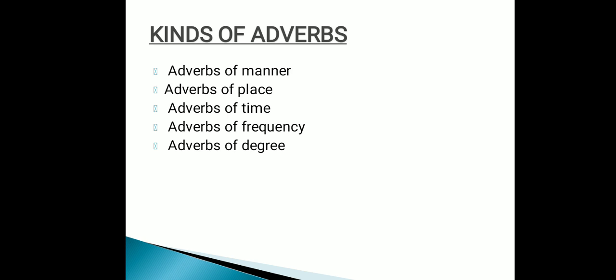Next, kinds of adverbs. Today we shall discuss the kinds of adverbs: adverbs of manner, adverbs of place, adverbs of time, adverbs of frequency, and adverbs of degree, one by one. Okay?